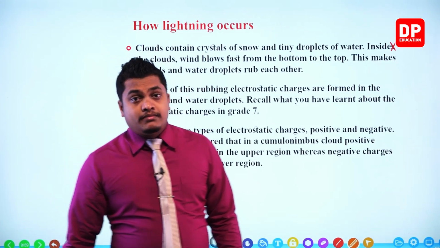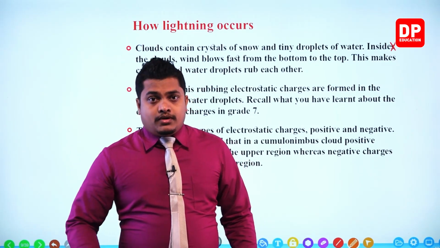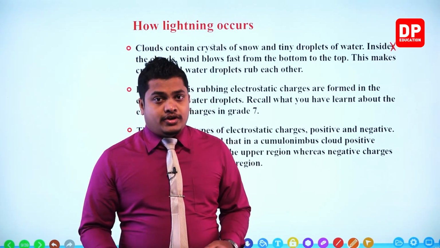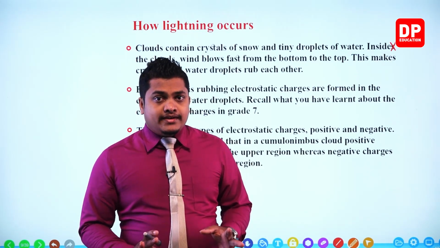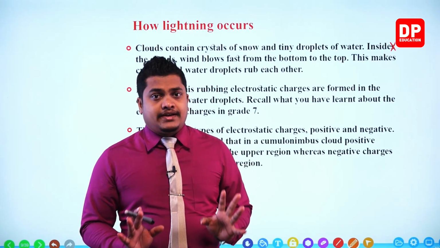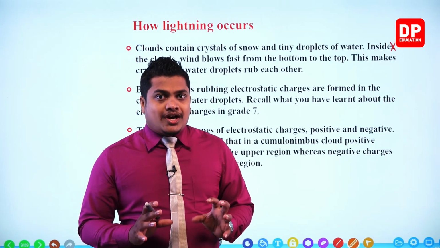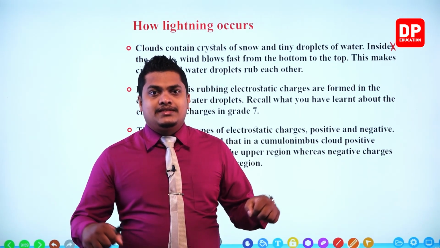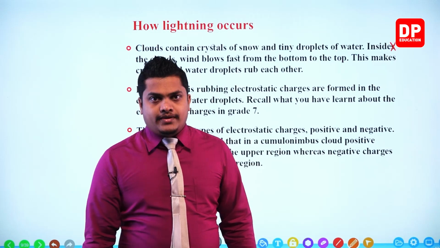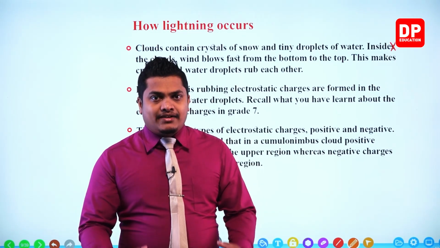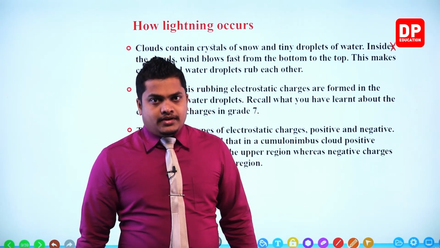Now upon rubbing, static electrical charges are generated. The specialty here is that there are two types of static electrical charges. If the charges are the same, these materials are going to repel each other. If the charges are different, they get attracted to each other.